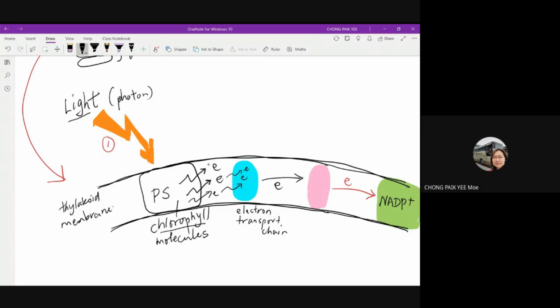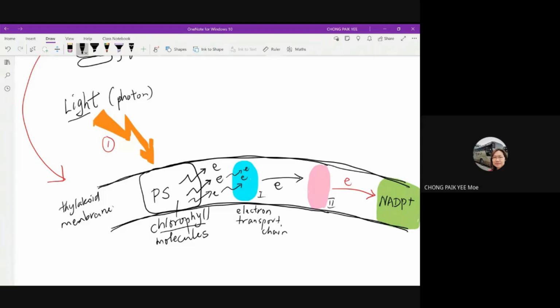So let's say this is the first one. This molecule receives this electron. Let's go back to number 3. The excited electrons from the chlorophyll go through a series of electron carriers. So they transport this electron from one carrier to another carrier. Let's say this is carrier 1, and there's another carrier here.